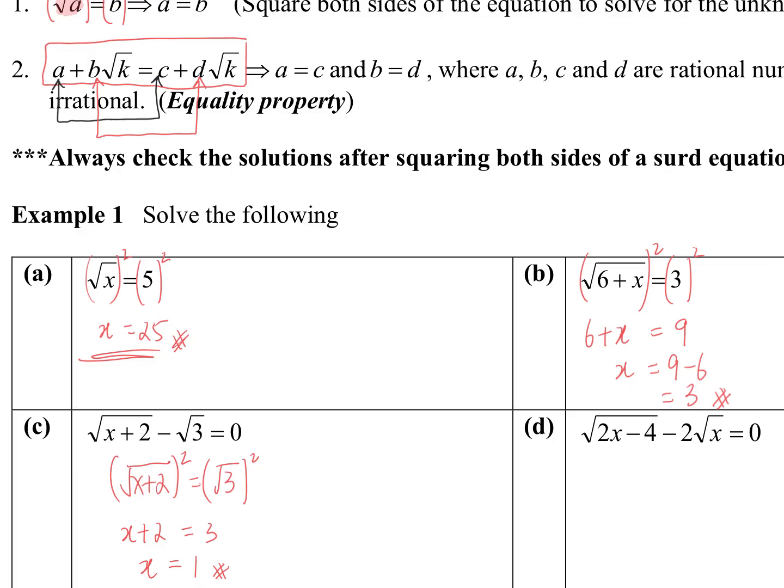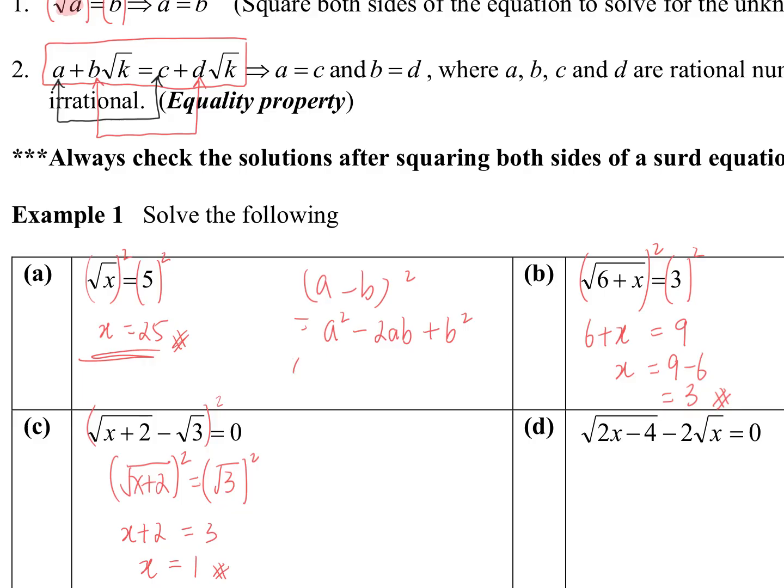Can't we just square root x plus 2 and minus 3? Can we square all the terms first, straight away? Okay, if you square this, remember, a minus b squared is not like that, like square a, then square b. We cannot split them. When you square, you need to square the whole thing. So when you square this, actually you introduce a middle term that you don't want.